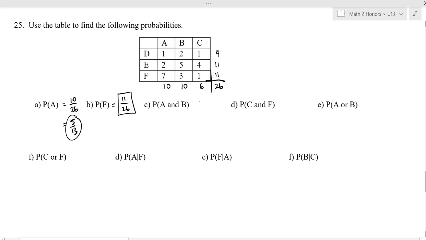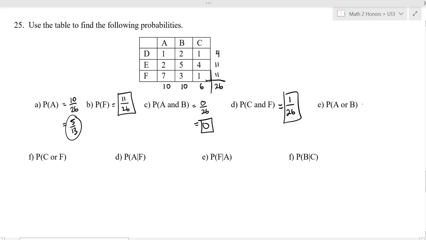A and B, so it needs to belong to both A and B. Nothing belongs to A and B. And so that's 0 out of 26, which is just 0. C and F, there's 1 that belongs to both C and F out of the 26.